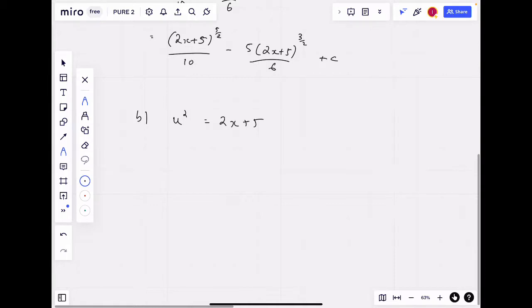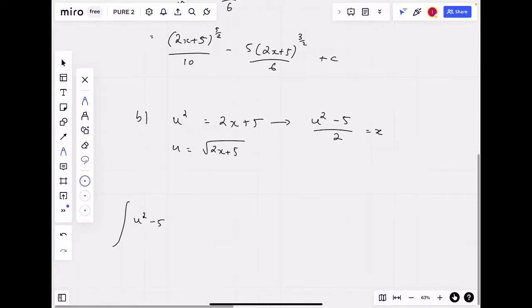Because now, u is equal to root 2x plus 5. So, integral x, and then I can just plug in u. If I want the x, I can do u squared minus 5 all over 2 equals x. So let's rewrite it.